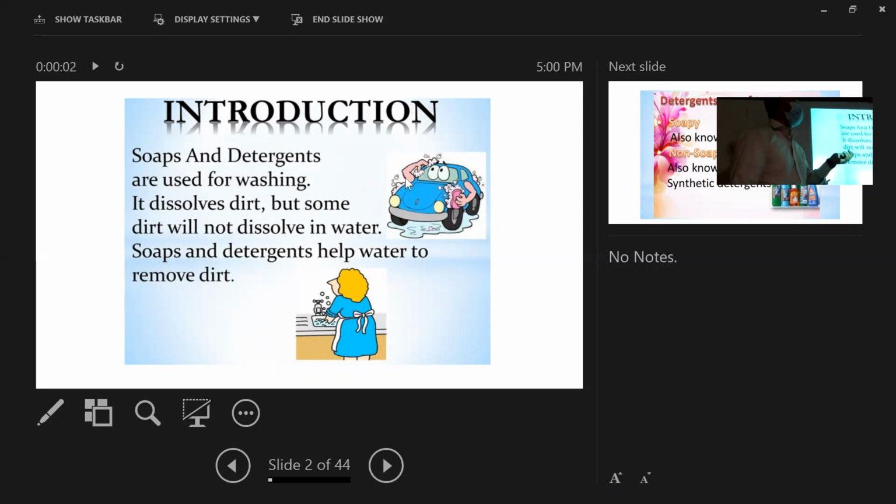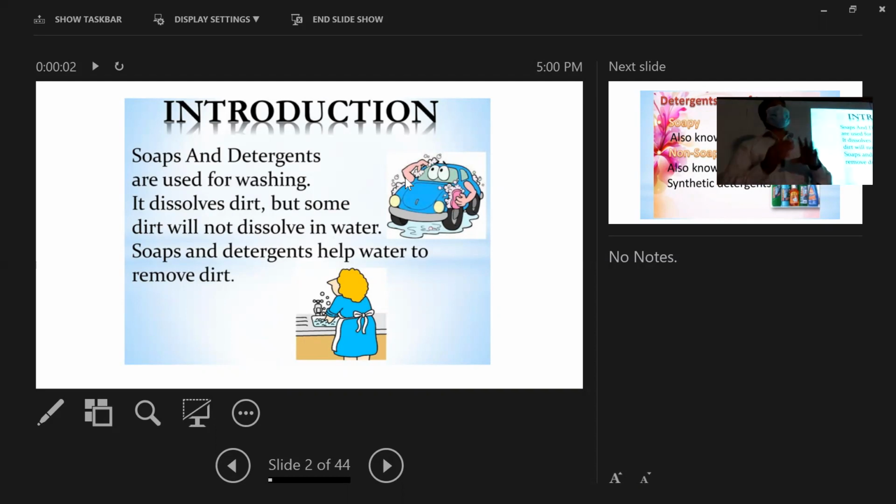It dissolves dirt. All soaps and detergents have some components, that means chemicals. First of all we will learn what soap or detergent is, then how it works and how it cleans our dirt or dust.